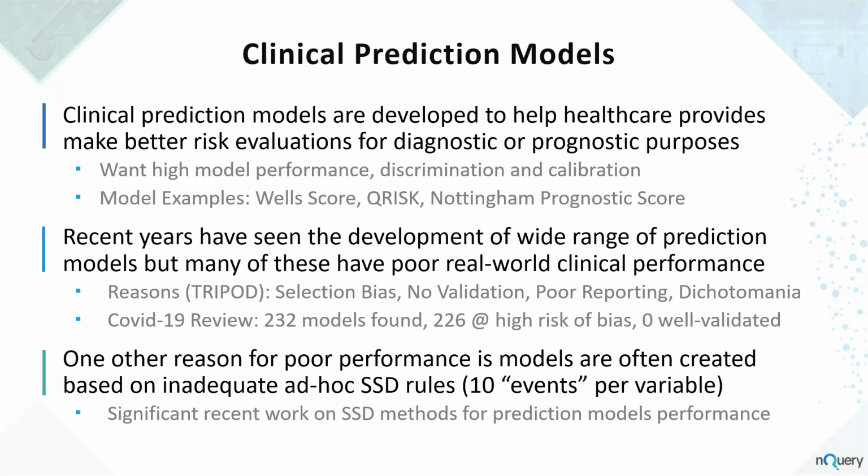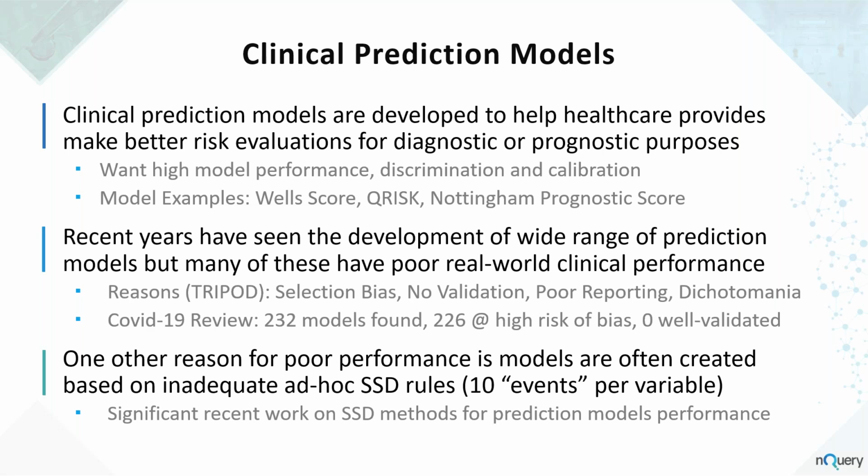So if we're talking about the issues they focus on, they talk about selection bias: which subjects you pick or which ones you screen out has a huge effect on how representative that clinical prediction model might be in the real world. There's very little validation of the model, which is where you see how well the model performs out of sample. So you have 1,000 people, you develop your prediction model, and let's see how it does for 100 actual patients going forward in terms of, say, prognostic quality.